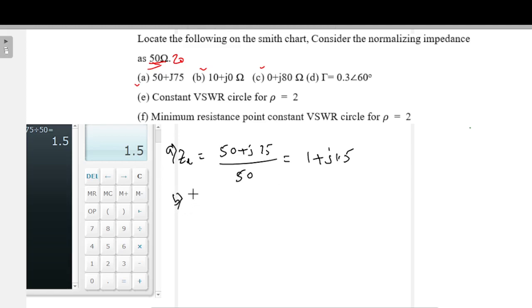Part B says ZL is equal to 10 plus J0 ohm.